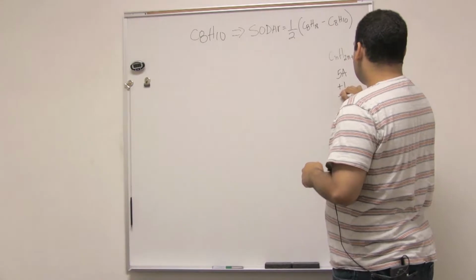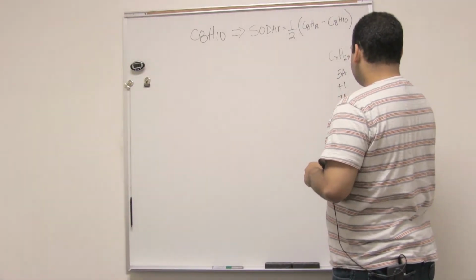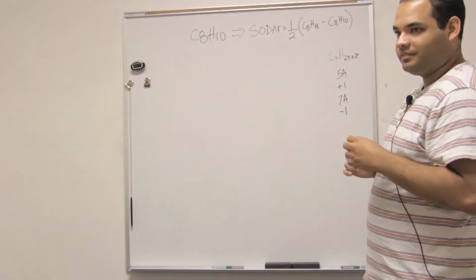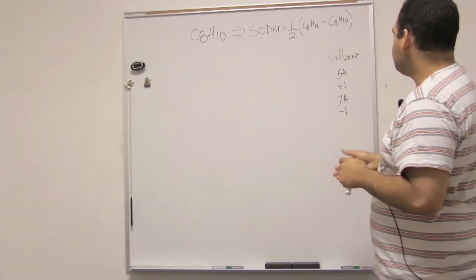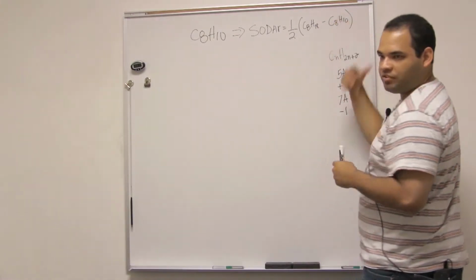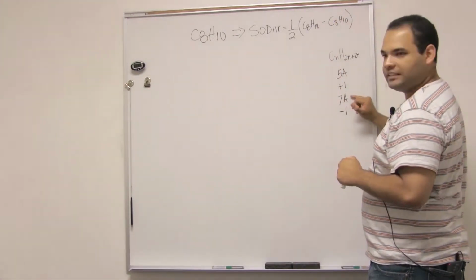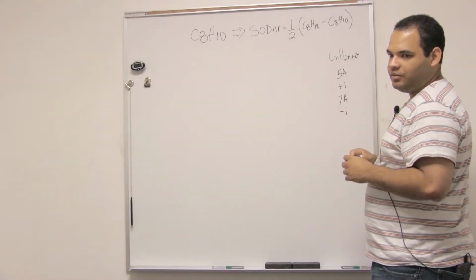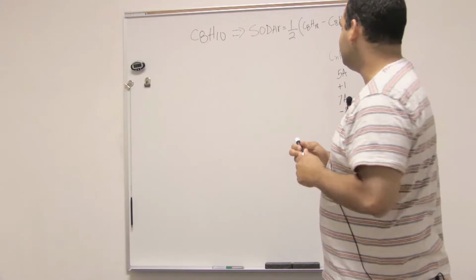And every time we talk about 7A or halides, we subtract 1. Suppose you have a Cl3 here, then you say this number minus 3, because it is a halide, you subtract 1 for each halide. We will do some problems using that one as well.